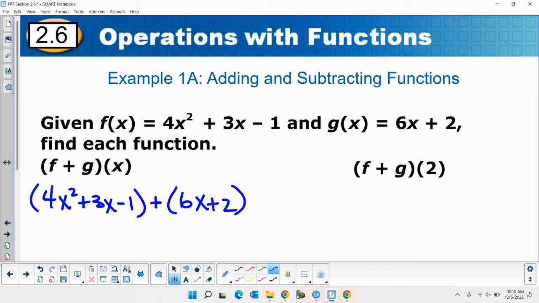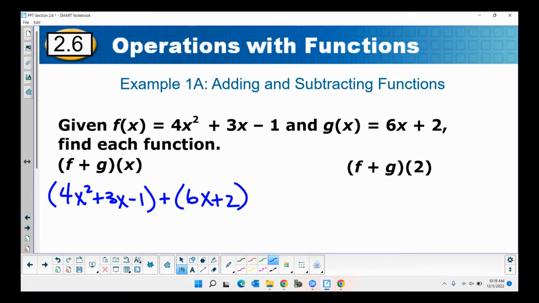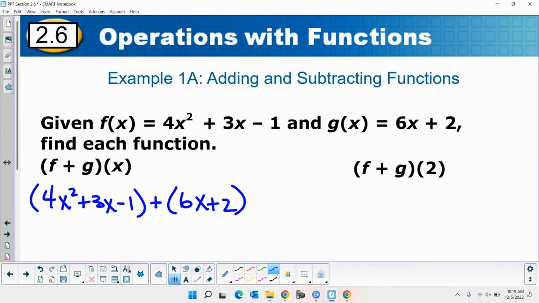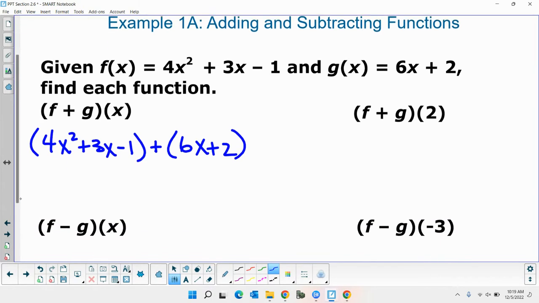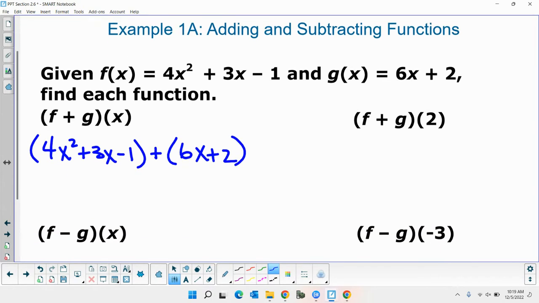So all we're doing is adding those two functions. When we add them, we're just going to combine like terms. Is there any other like terms with this 4x squared?